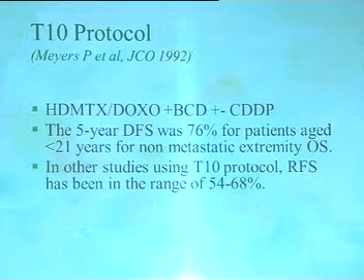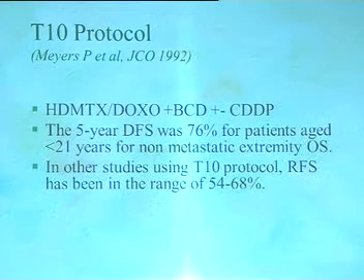The T10 protocol emerged from Sloan Kettering. It's a relatively complicated protocol because it involves many drugs. Nevertheless, it had a very good outcome when it was first reported: almost a disease-free survival of 75% for non-metastatic extremity osteosarcoma.